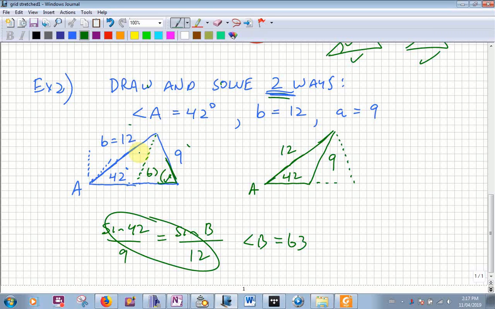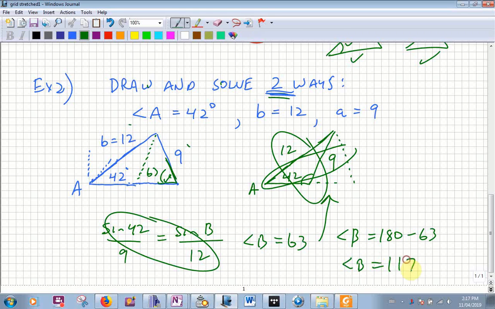I would use that to solve it. For this one, does that look like 63? Definitely not. That's obtuse. I would have to do this same way I just did it, only in that situation, it must be the obtuse option, so I got to go 180 minus 63.